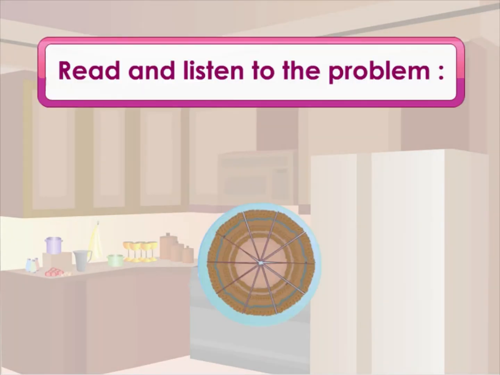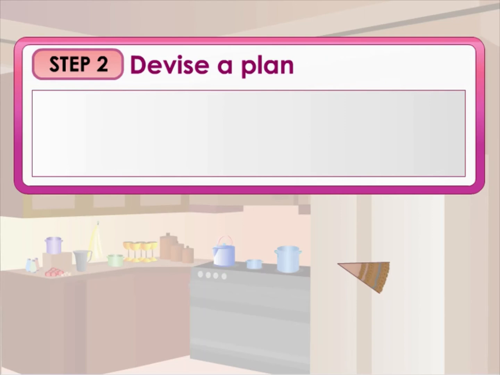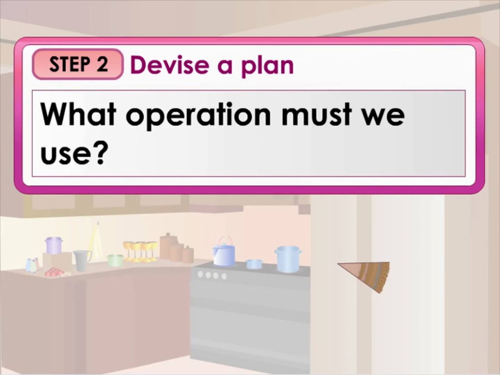Let's summarize the problem. Read this problem. Mona ate 1/8 of the cake. Leena ate 1/8 of the cake too. How much of the cake have they eaten? Step 1. Understand the problem. It asks for the total cake they have eaten. Step 2. Devise a plan. What operation must we use?